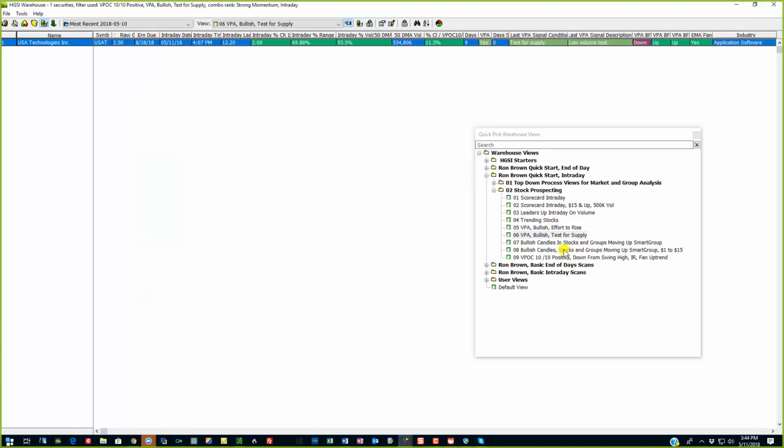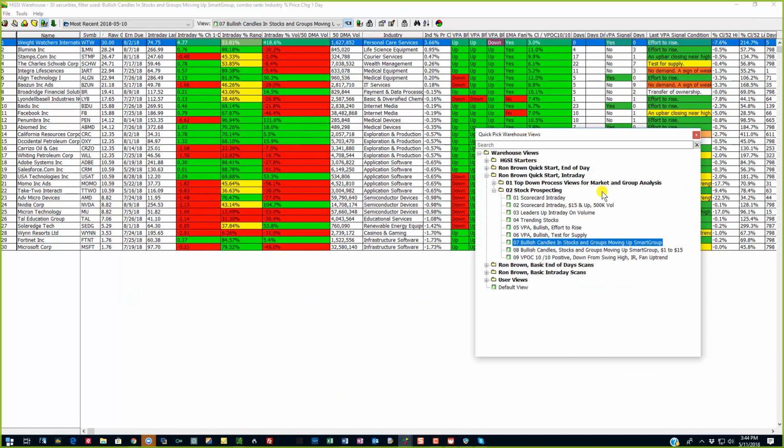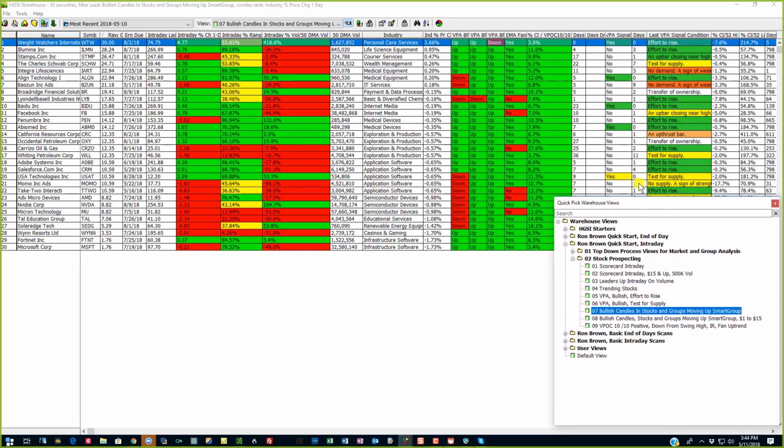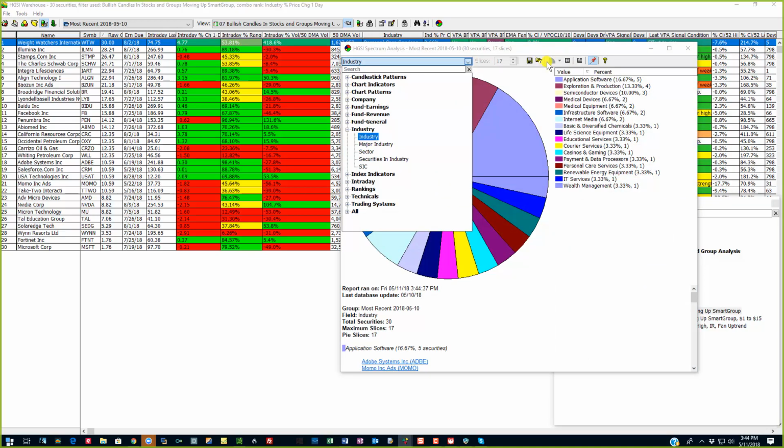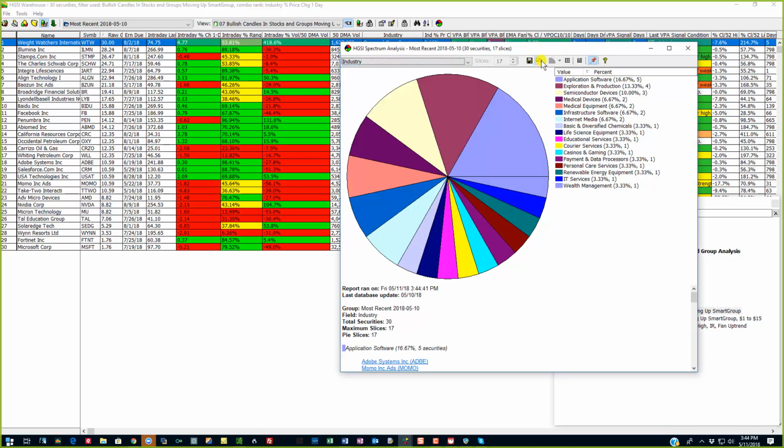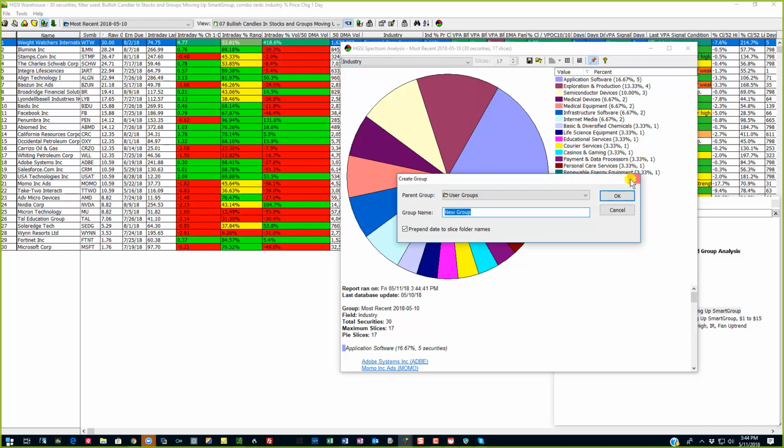Application software. Okay, bullish candles that were in stocks and groups moving up yesterday and were also in the top 50. These stocks were in that group. You can see, I don't know, if half of them were up maybe. Here's the pie chart.